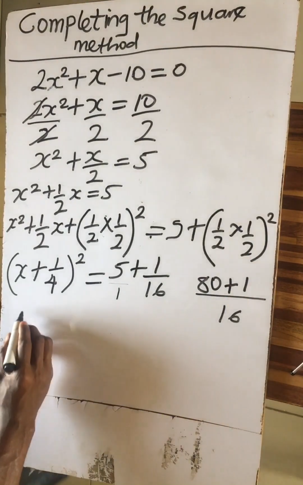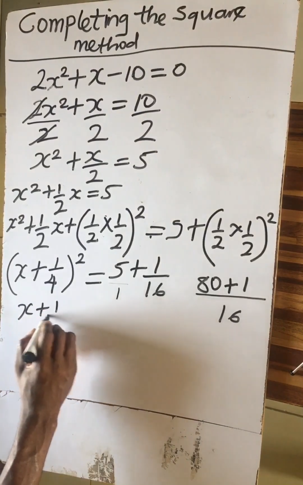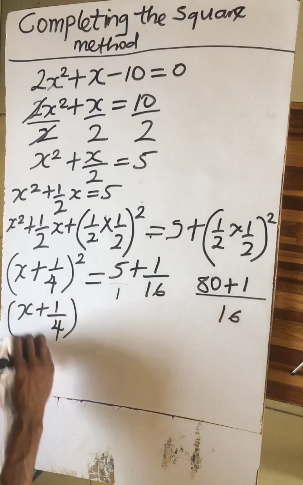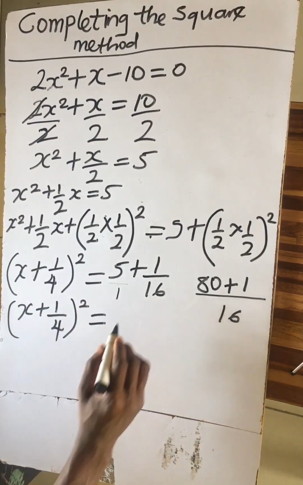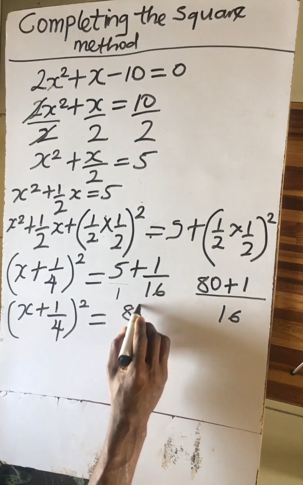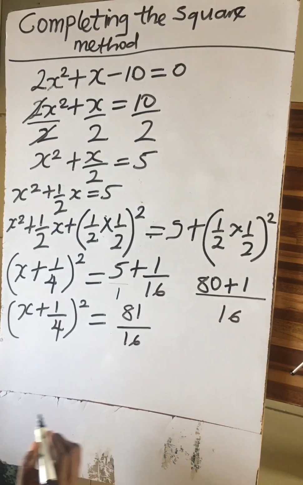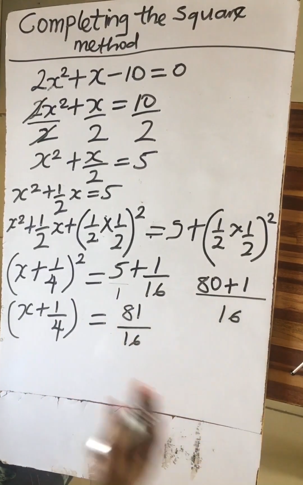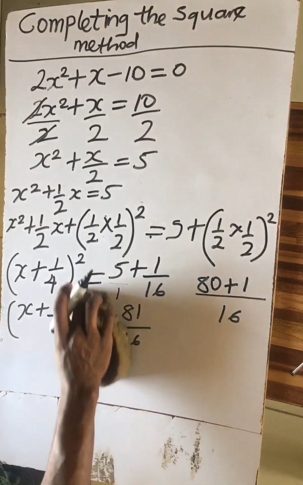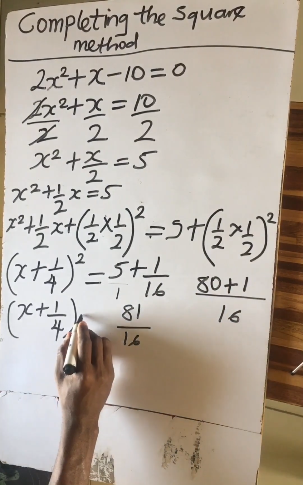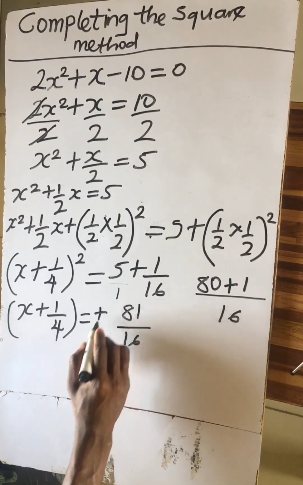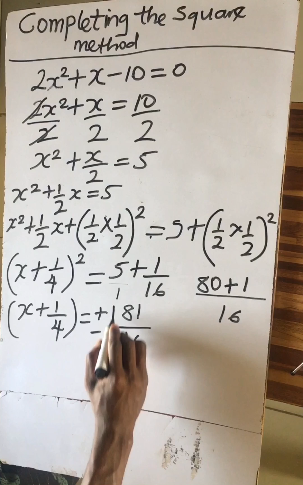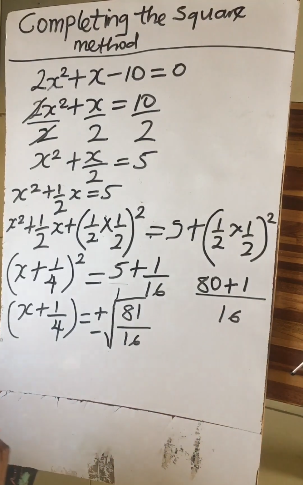So we now have x plus 1 all over 4 equal to 81 all over 16. All we have to do is to remove this bracket by taking the square root. Then we have plus or minus the square root of 81 all over 16.